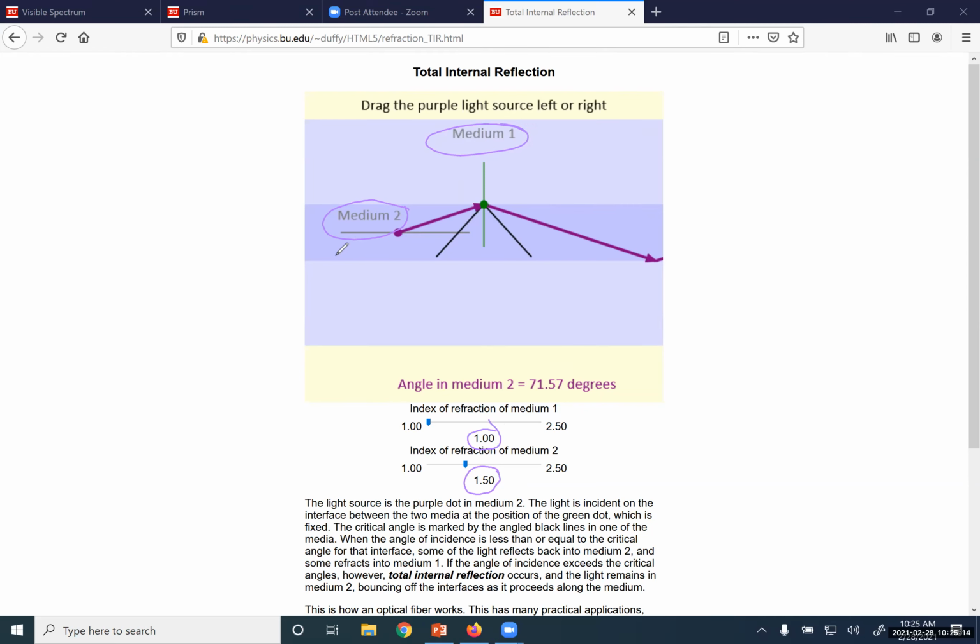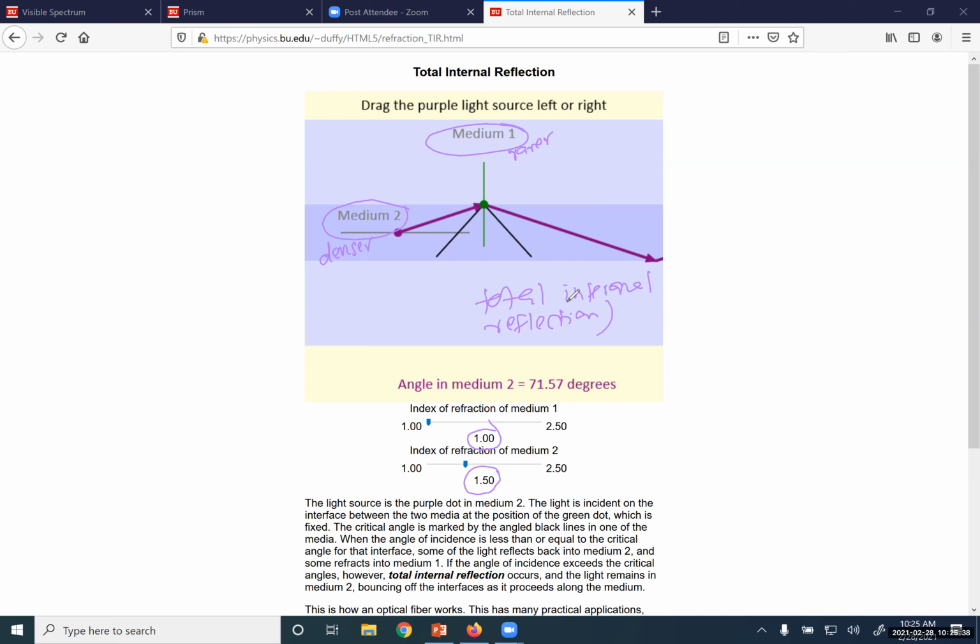So this medium 2 is the denser medium, and medium 1 is the rarer medium. Okay, so if angle of incidence is more than the critical angle, then total internal reflection will happen.